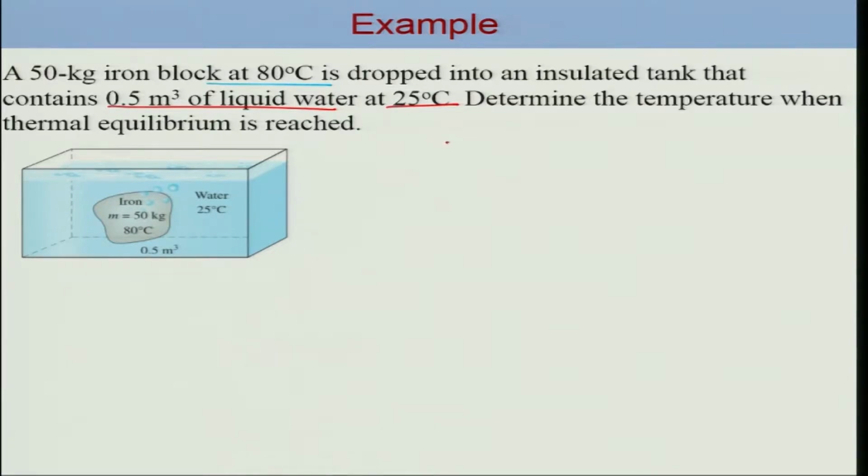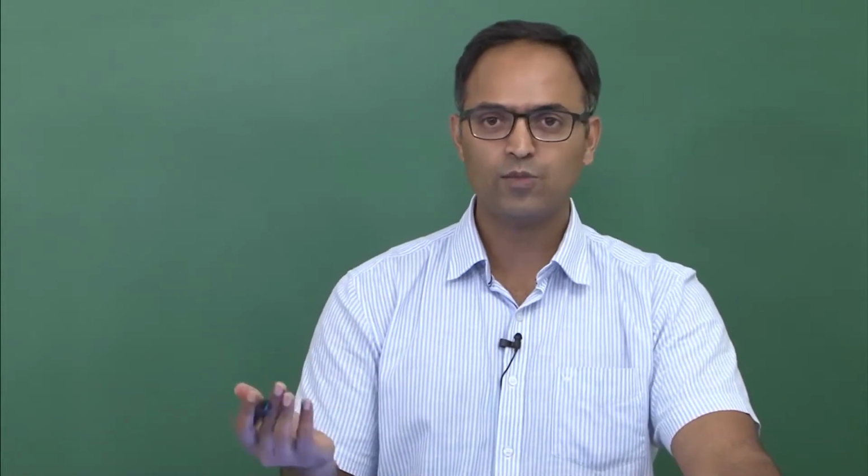We'll take the generalized energy balance here: E in minus E out is equal to delta E system. Upon dropping the iron block, the system is insulated, so there is no transfer of energy to or from the system.